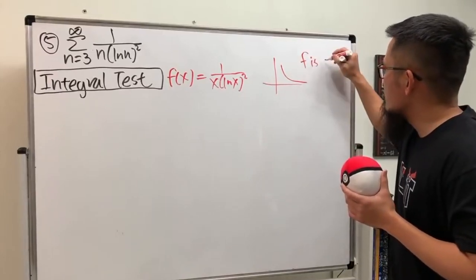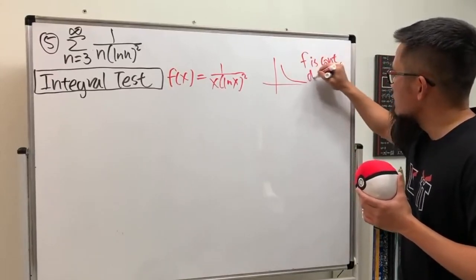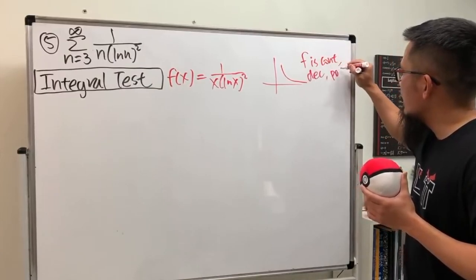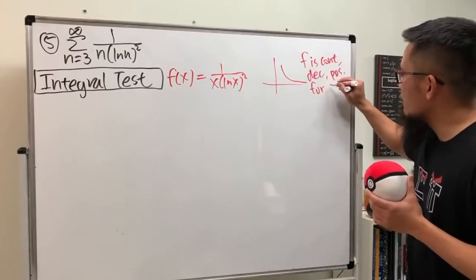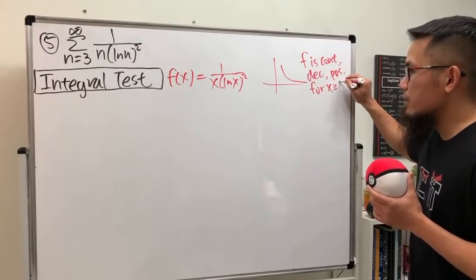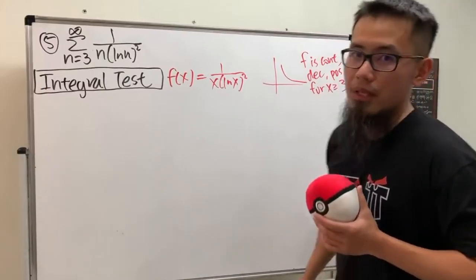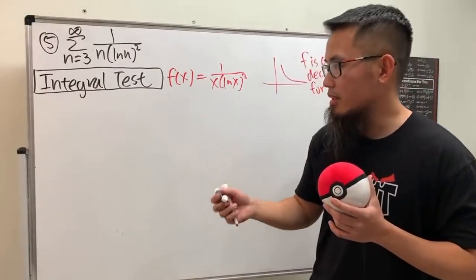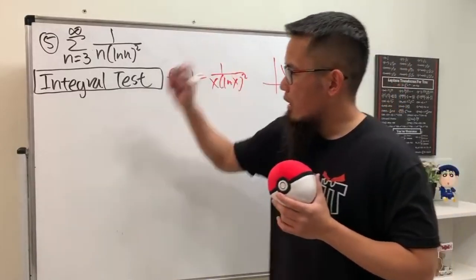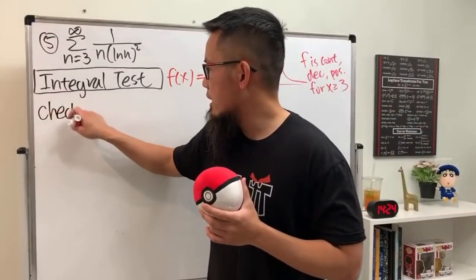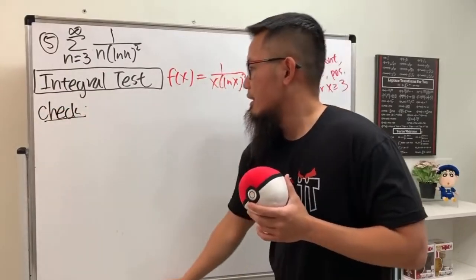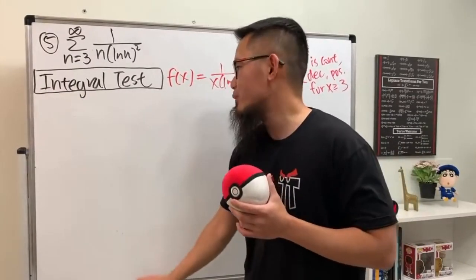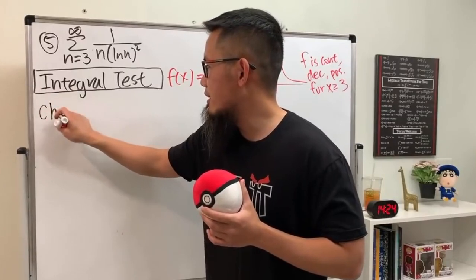Just write down f is continuous, decreasing, and positive for x greater than or equal to 3. Then we can be legitimate and use the integral test. All right, here's the check.